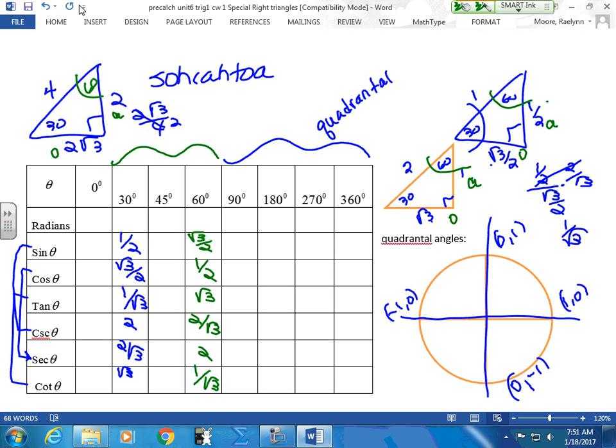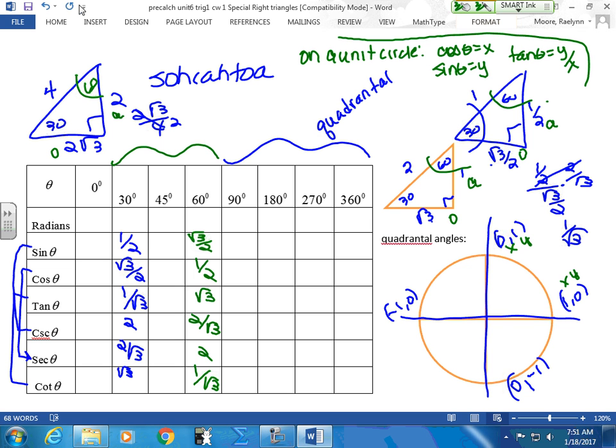Okay. Now, let's hit the quadrant angles. Quadrant says this. This is the x, this is the y. I want you to write this down. Hang on, we're almost done. On a unit circle, write this on this paper somewhere.